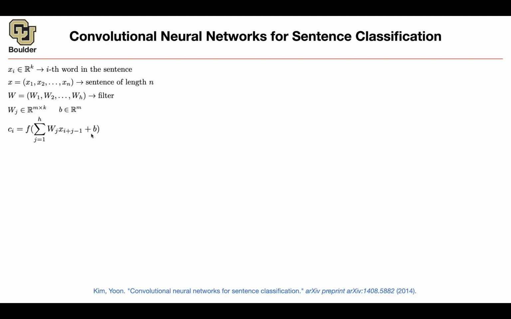You're going to add a bias to it to take care of shifts in your mean distribution, the mean of your distribution. So the bias is going to take care of that. Then you're going to introduce a nonlinearity like tanh or ReLU, and that's going to give you your first entry of your next sequence. So a sequence goes in, a sequence goes out. So this is going to give you c1.